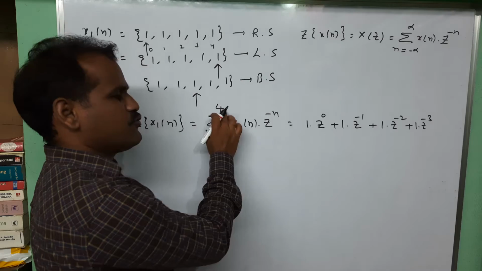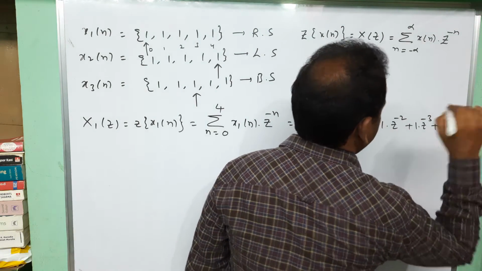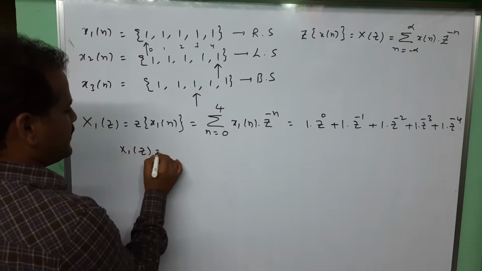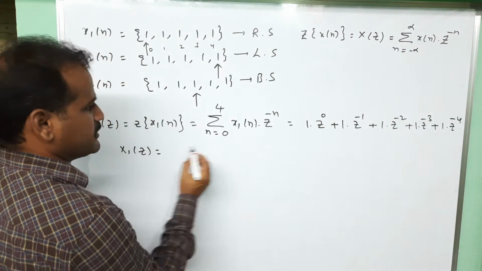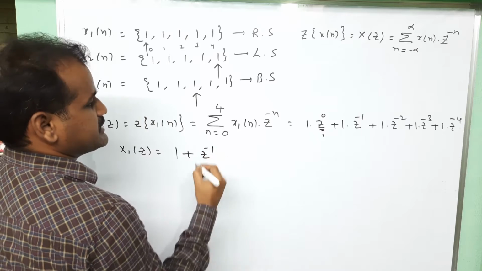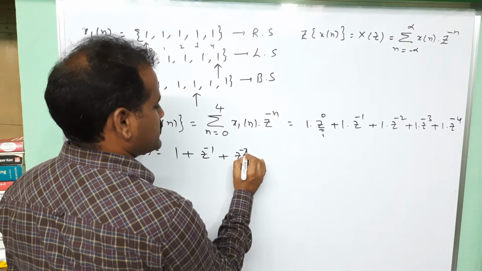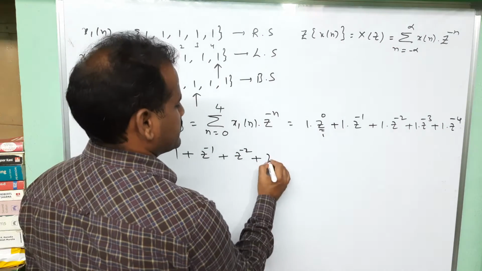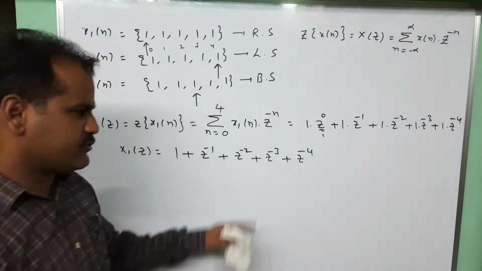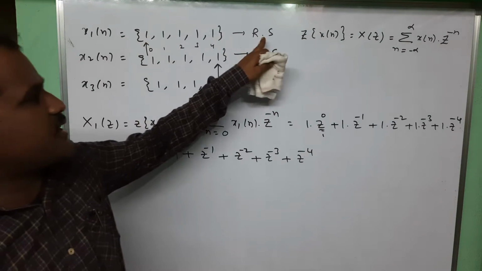So n value is up to 4 only, so the last element is 1 into z to the power of minus 4. So what we are getting for x1 of z, in terms of z, the polynomial is 1 plus z inverse plus z raised to minus 2, z raised to minus 3, z raised to minus 4. This is the expression we are getting for Z transform of the first sequence, which is the right side sequence.